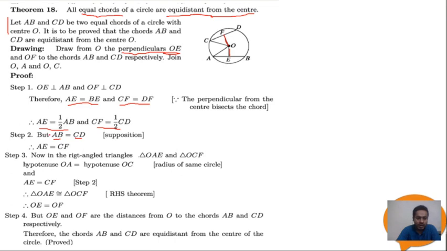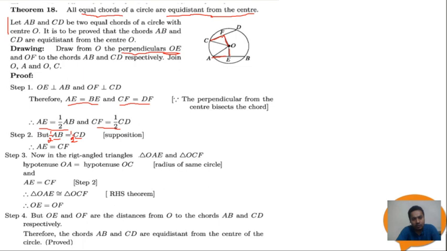If you multiply both sides by half, then half of AB is equal to AE and half of CD is equal to CF. So AE is equal to CF. This is the proof of the second step. That means we have already proved AE and CF are equal.